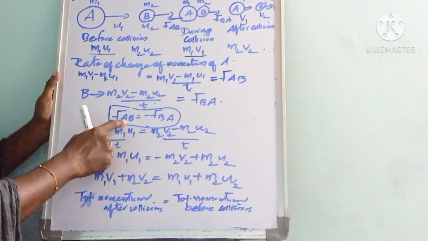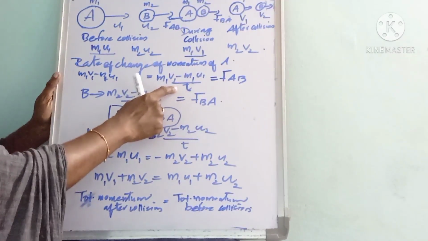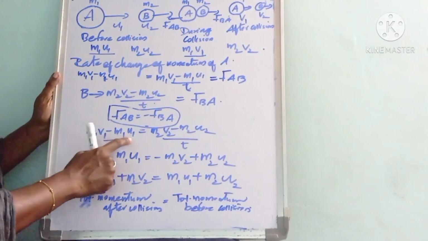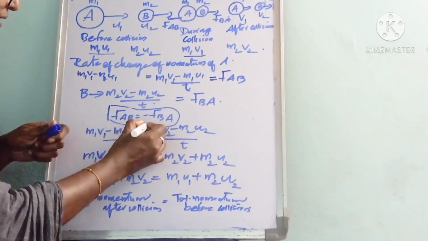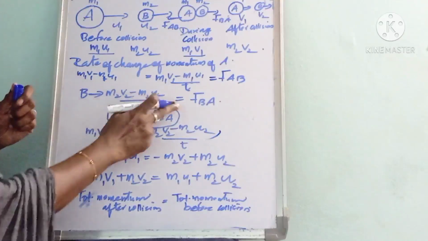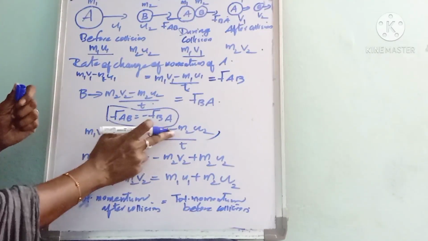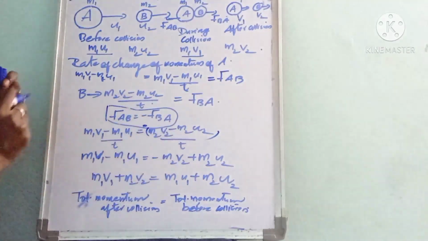Then substitute for FAB: (m1v1 minus m1u1) divided by t is equal to minus of FBA, that is (m2v2 minus m2u2) divided by t.